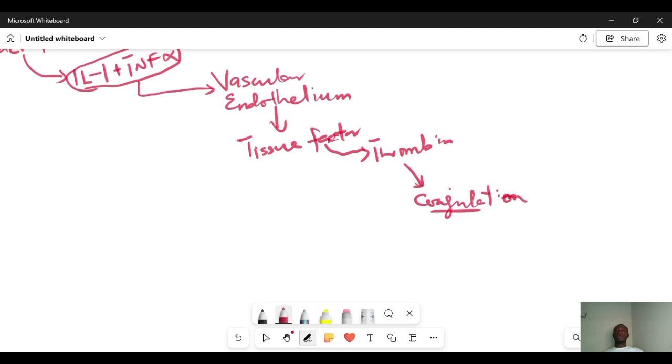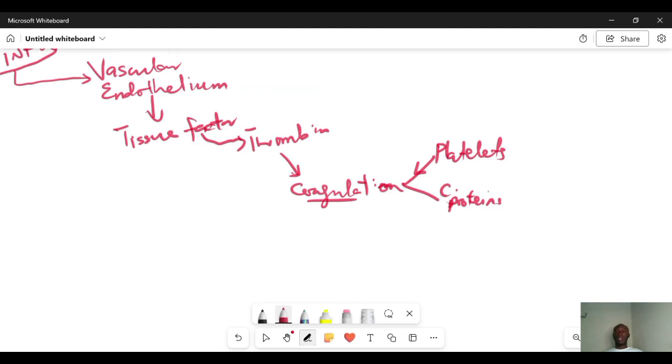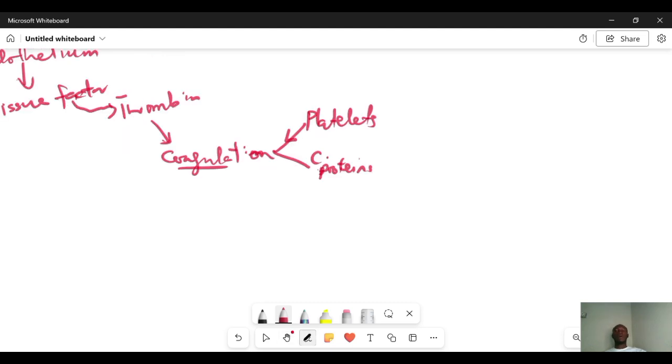Now, this coagulation we're talking about, remember that it's occurring within the circulation. So this is essentially intravascular coagulation. As this coagulation goes on, it utilizes platelets and other coagulating proteins. It is very important to note this because as intravascular coagulation becomes widespread, the platelets and coagulating proteins become exhausted.